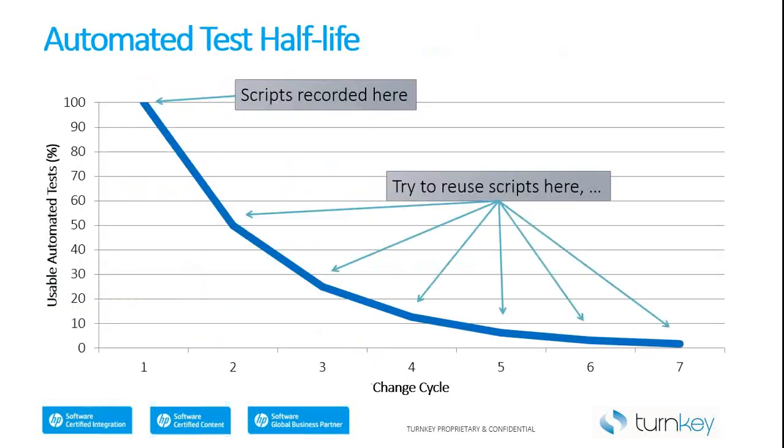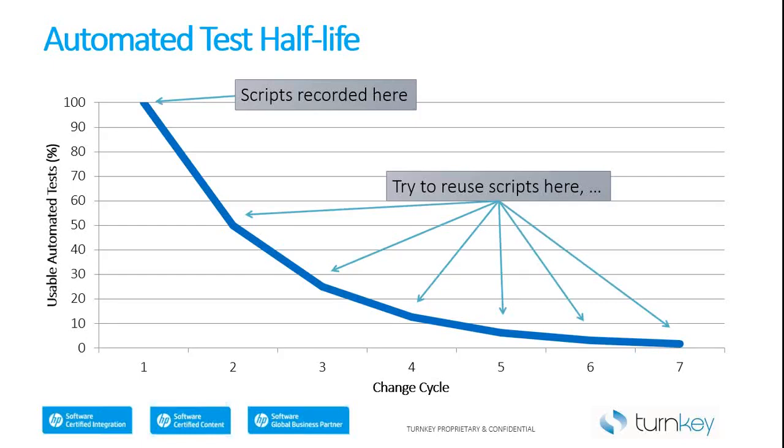So I talked about the maintenance issue, and particularly in applications that are change-centric, that have high change frequency. When you develop a script or record your script and develop a test automation case, with each successive change cycle the value of that original script deteriorates.